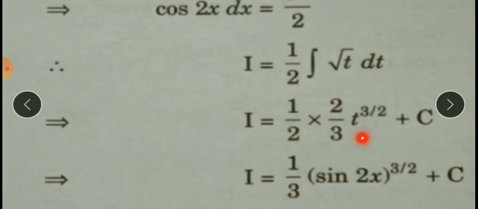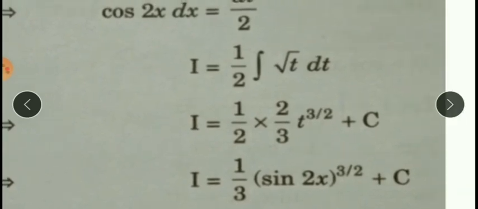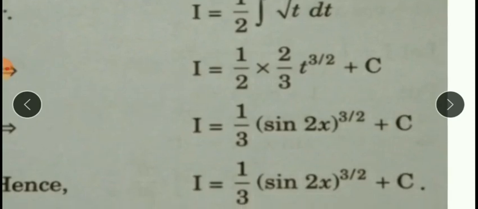Here we are using the formula integration x raised to n is equal to x raised to n plus 1 upon n plus 1, because root t can be written as t raised to 1 by 2. That's why the integration becomes like this. Now substitute the value of t.